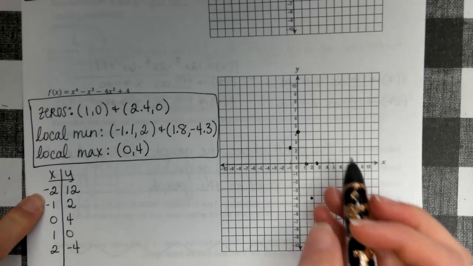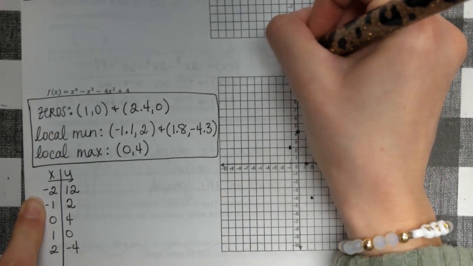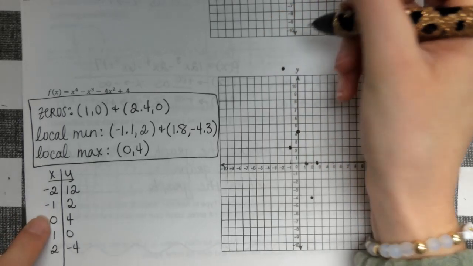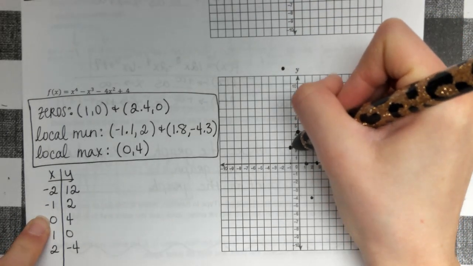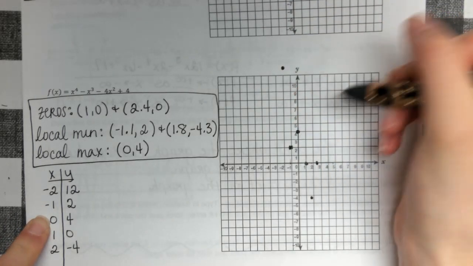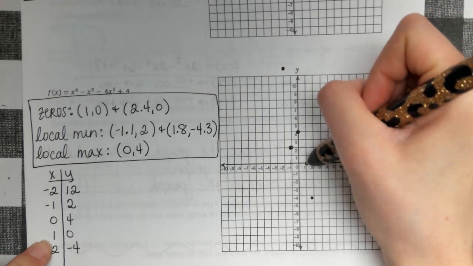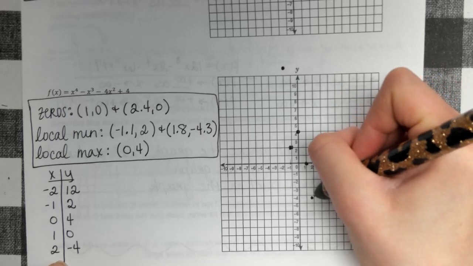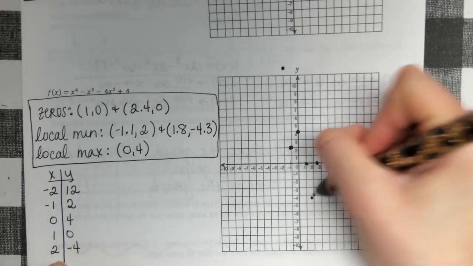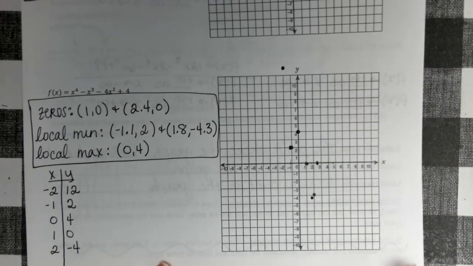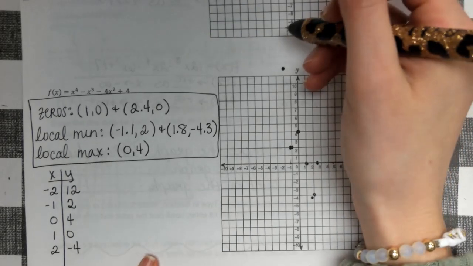And then I'm going to go negative 2, 12, negative 1, 2, 0, 4 is there, 1, 0 is there, and then 2, negative 4. And then you make your curves.